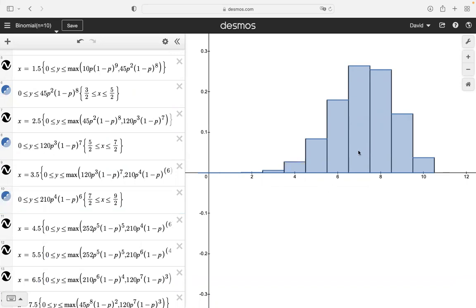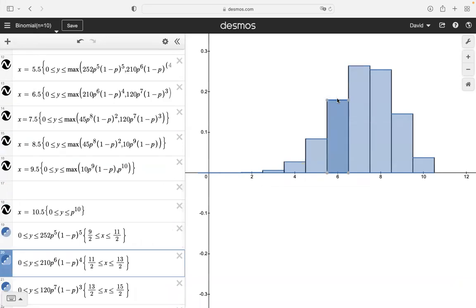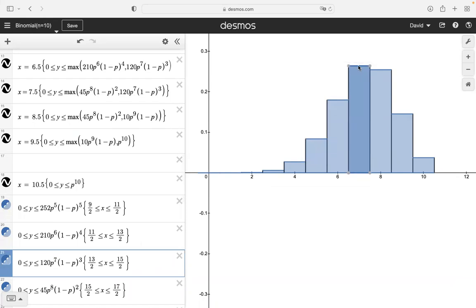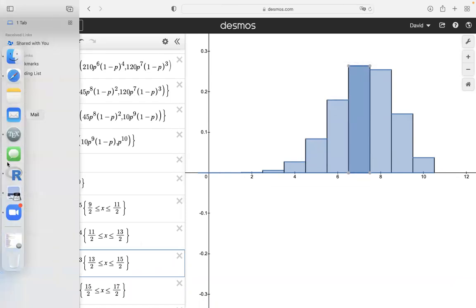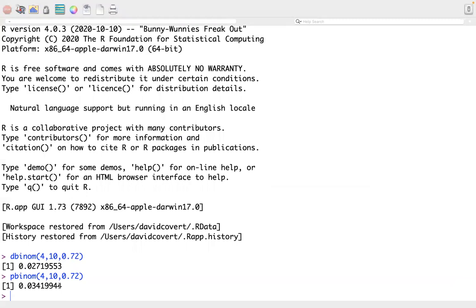And if I wanted to find, say, the probability of having 5, 6, or 7 successes, there are 2 ways that we could do that. I could find the probability of having 7 or fewer successes minus the probability of having 4 or fewer successes.